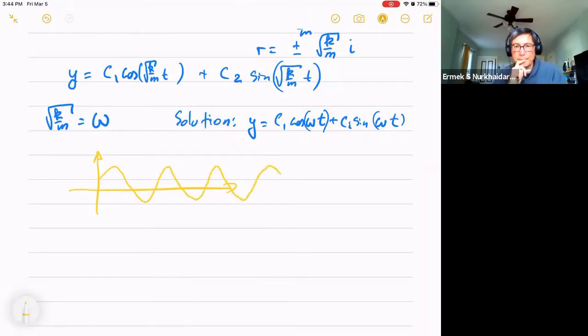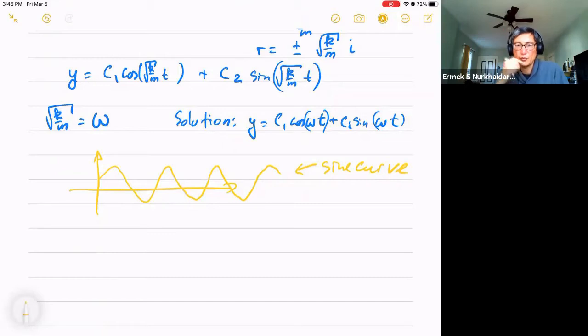And if you carefully look at that, that is a sine curve. That's exactly what you expect. If there is no damping, the mass spring will be moving back and forth, back and forth. So that should be a sine curve.